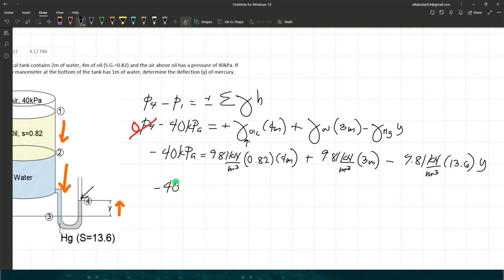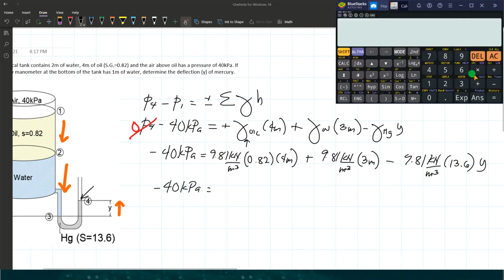Okay, so let's evaluate. Let's multiply 9.81 times 0.82 times 4, 32.1768. So kilonewton per square meter is kilopascal.